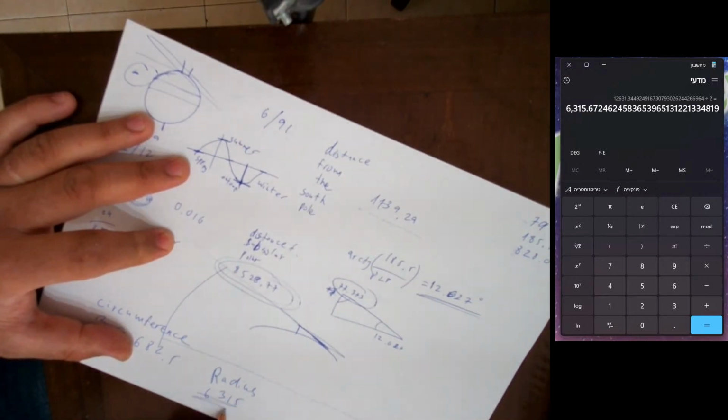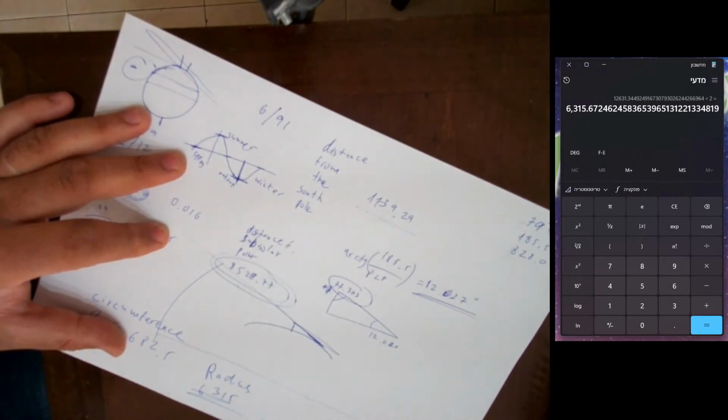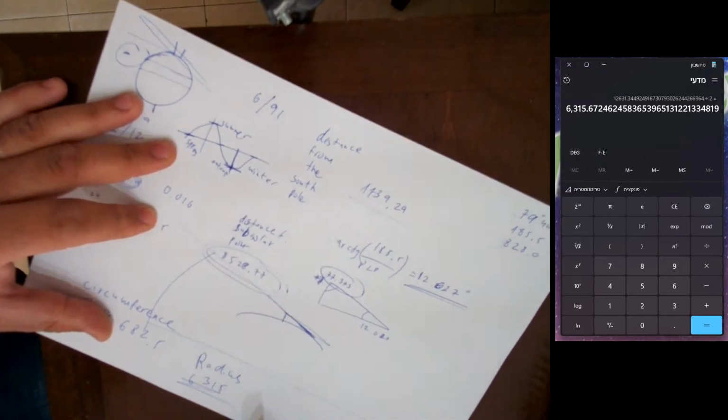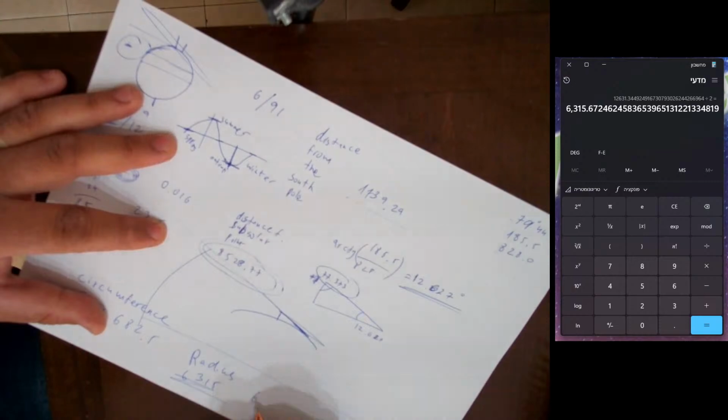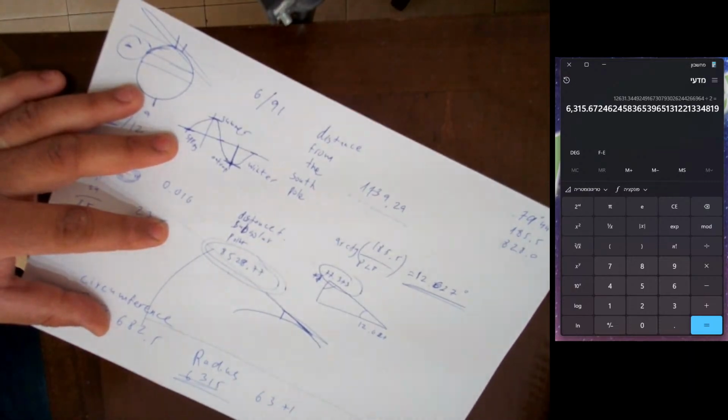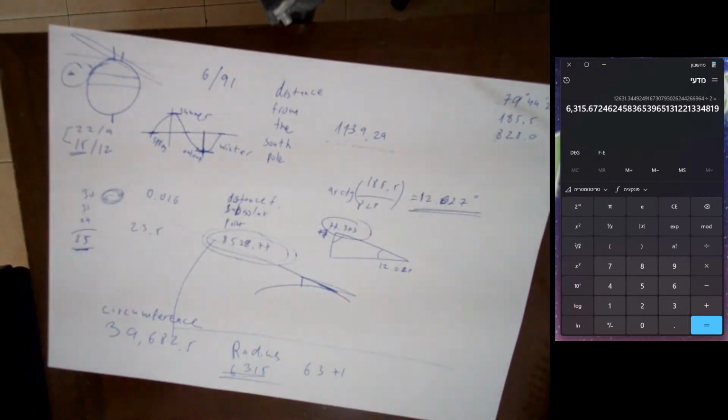The real number of the radius that we have calculated ages ago is 6,371. You see, the difference is basically minuscule regarding the raw equipment they have used down there in Antarctica.